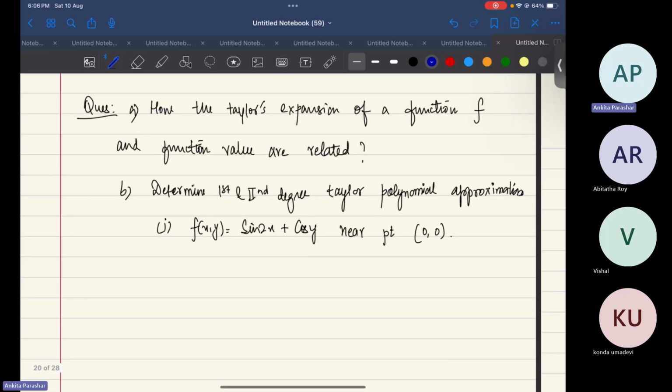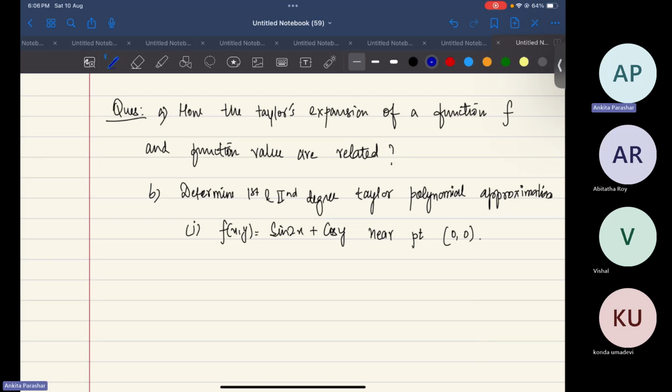Okay, now, we say that there is a Taylor expansion with respect to a function. If I ask you to find the Taylor expansion of a function near a certain point, and if I tell you a function value, can you relate those two things? Is there a relation? Geometrically, or not even geometrically, in terms of analysis, the definition of a Taylor series — what does it say about that function?